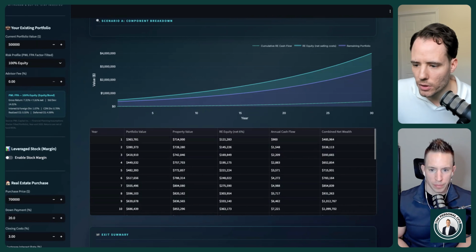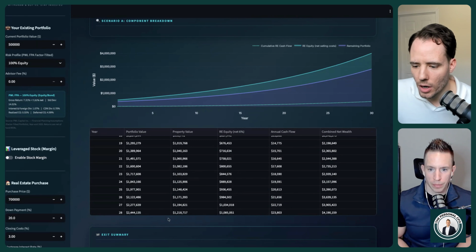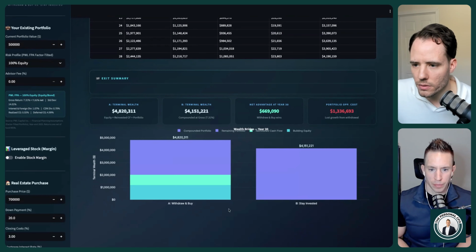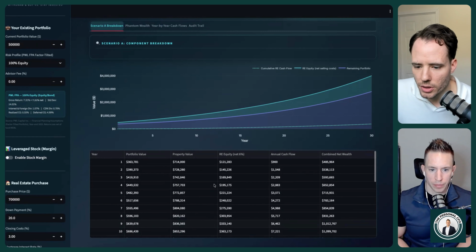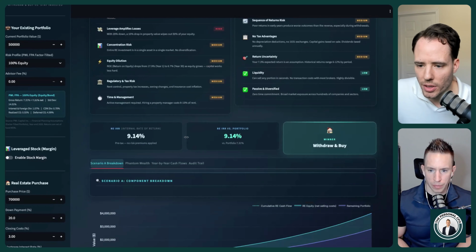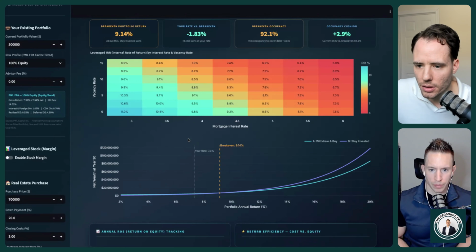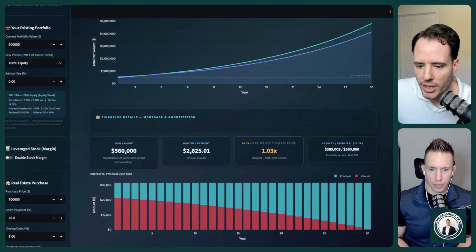If we look at cash flows on a property like this, the annual free cash flow. So basically when we look at the monthly payments, annual payments are $31,500, or monthly payments on the mortgage are $2,625.